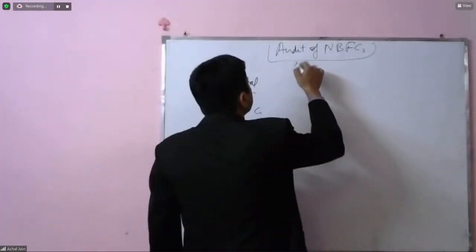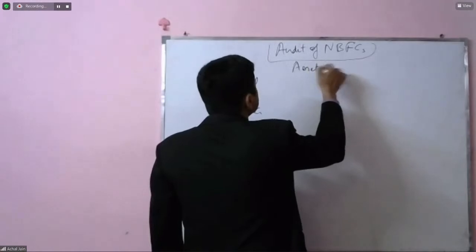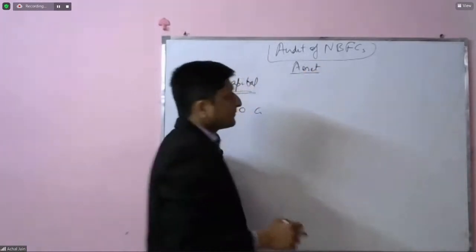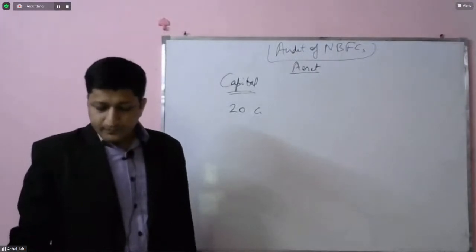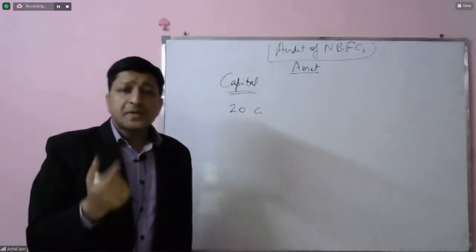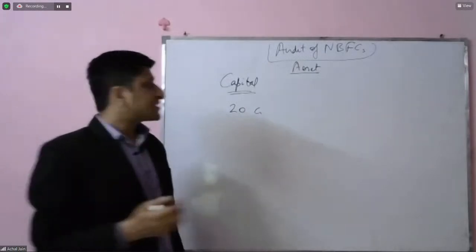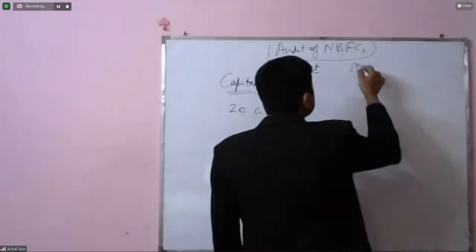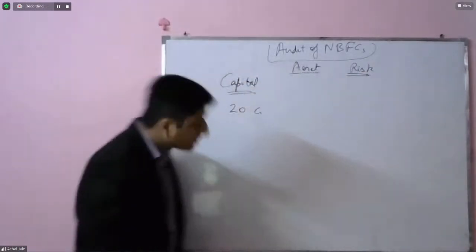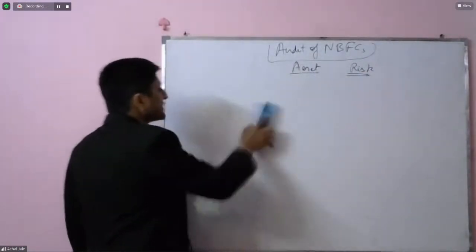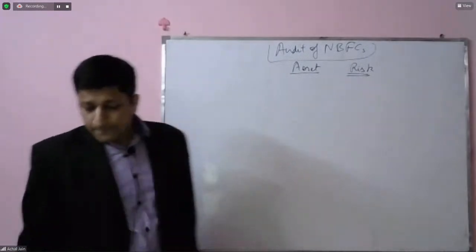See, against every asset of an NBFC, certain risk percentage will have to be specified. Let's understand by taking some examples.